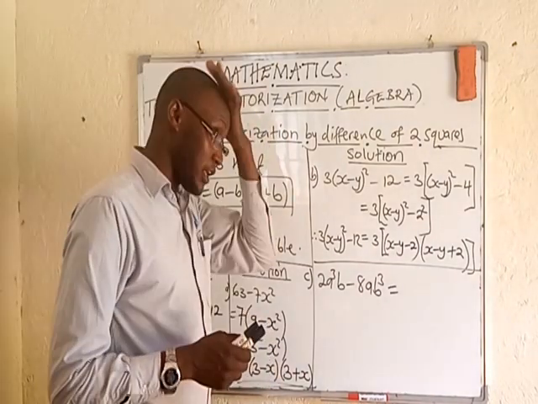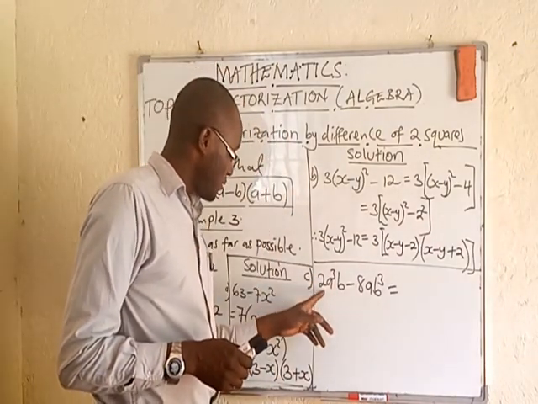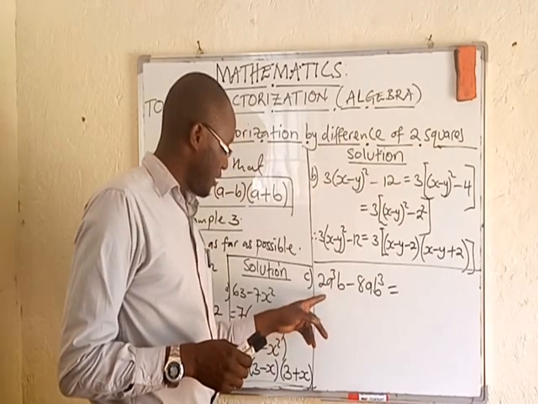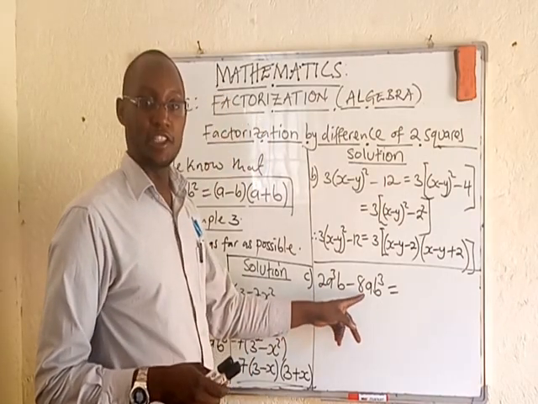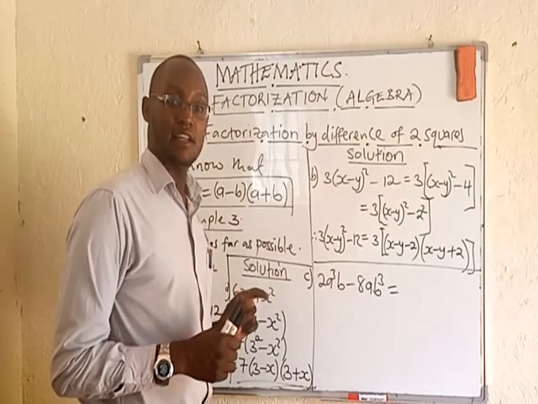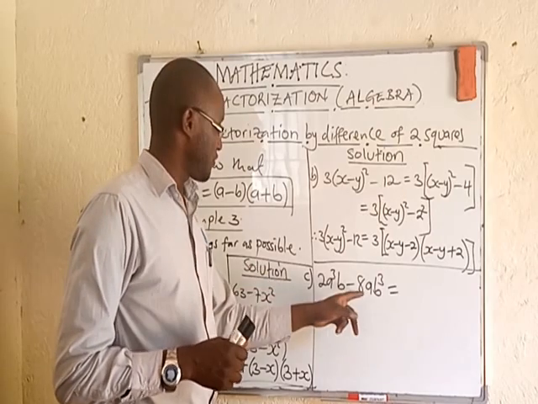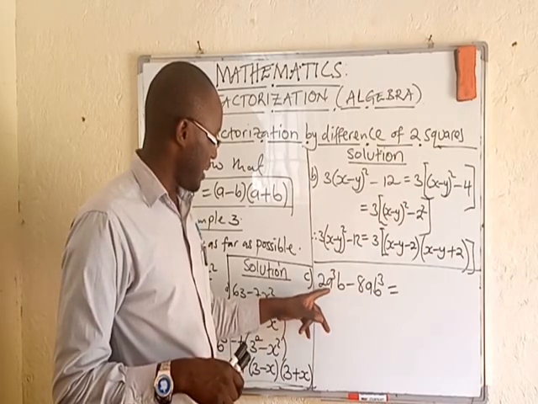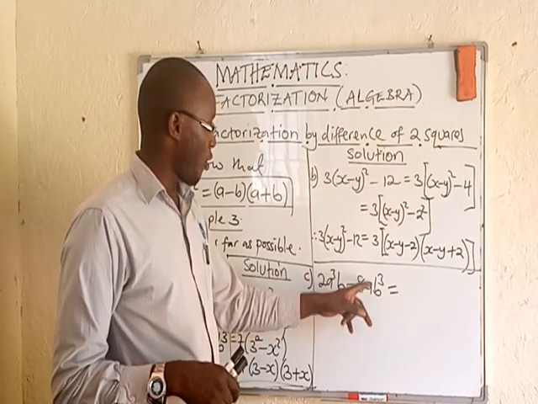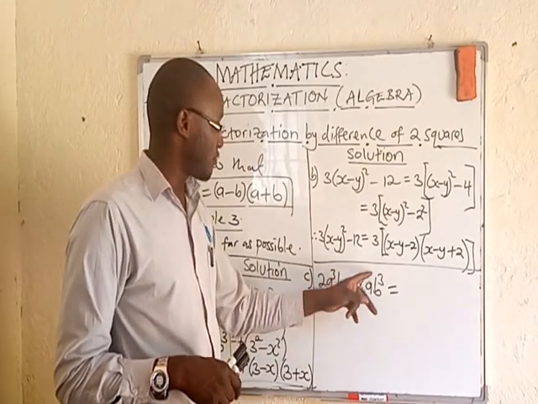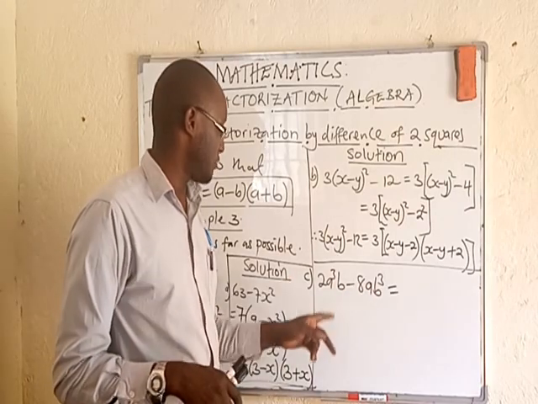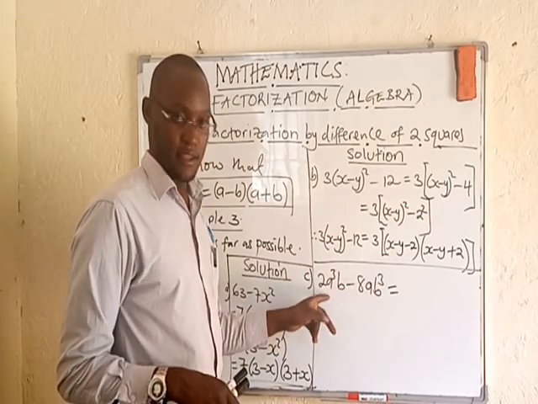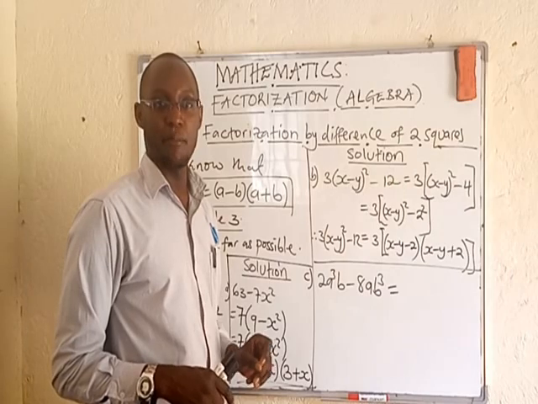What can you see? I'm saying 2 is appearing here, and 2 can appear in 8, which means 2 is a common factor. 2 can divide 8 without leaving a remainder. Good. I can see a cubed, a power 1, which means the one with the smaller power becomes a factor.